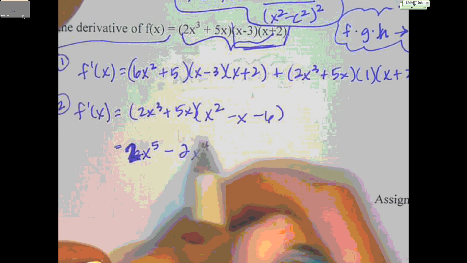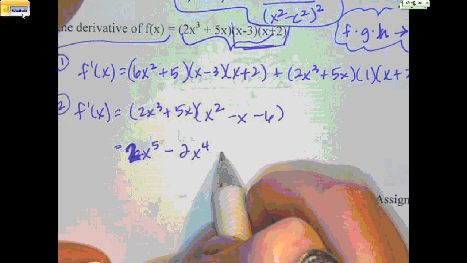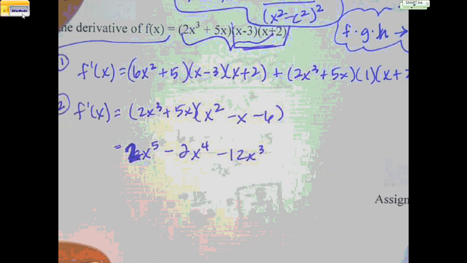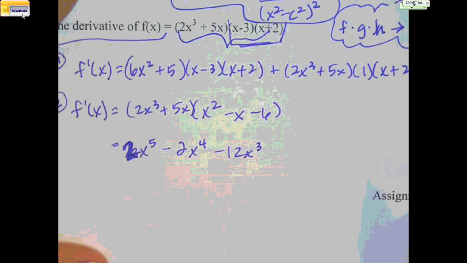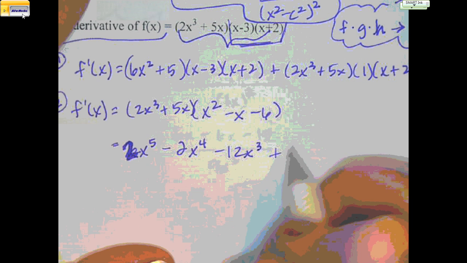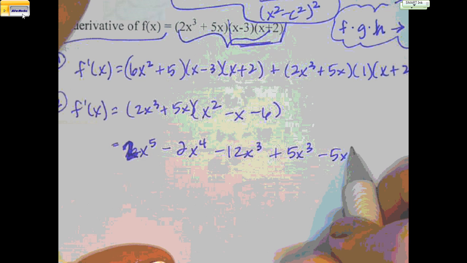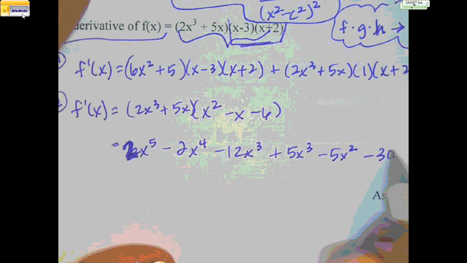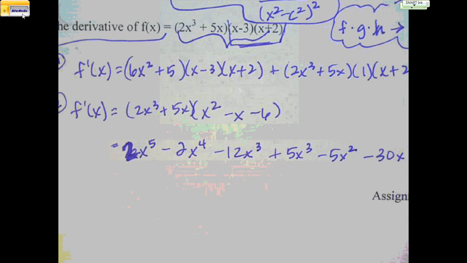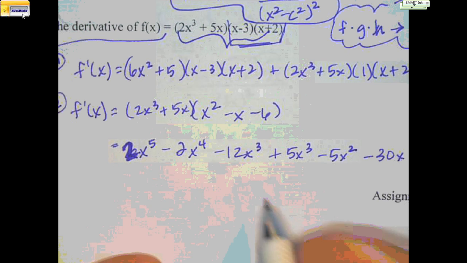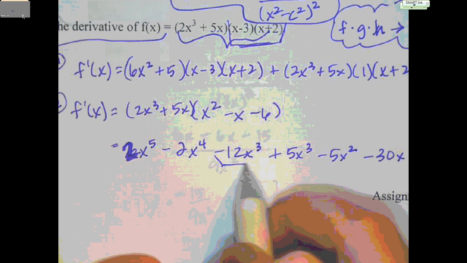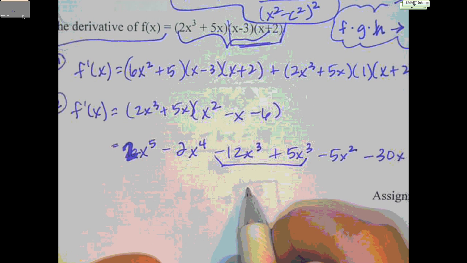And then times negative 6 is negative 12x cubed. Then we take everybody times 5x. So I have 5x cubed minus 5x squared minus 30x. These 2 in the middle we can combine to negative 7x cubed.